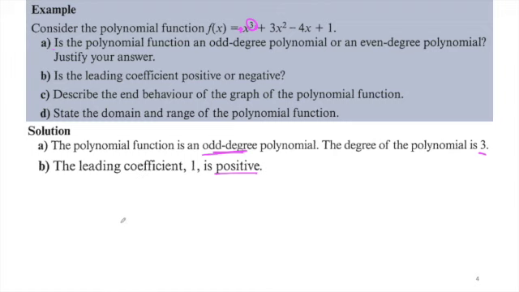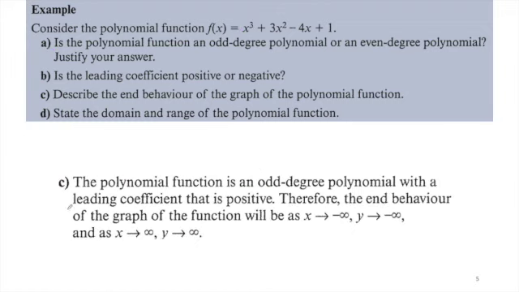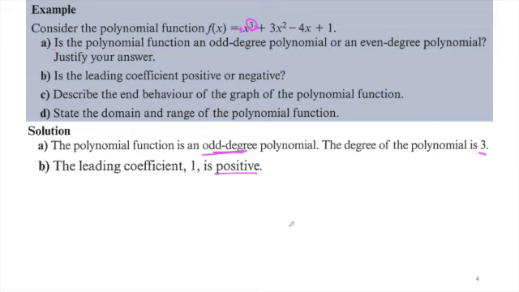So before we move on, we could actually try to sketch this a little. So based on what I told you, the polynomial function is an odd degree polynomial, 3, and the leading coefficient 1 is positive. So you know if it's positive, it's going to end positive on the right of your graph, okay? And then because it is an odd degree, you're going to have opposite end behaviors, okay?